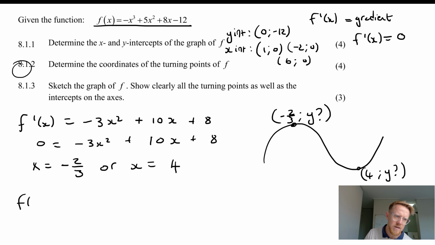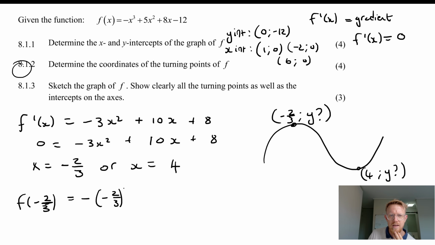So if you plug in minus 2 over 3, some learners make a mistake here because there's a negative: they don't know what to do with that negative. That negative is not with x. You keep it alone, and then you plug in the x value, which is negative 2 over 3, and then you cube negative 2 over 3 squared.